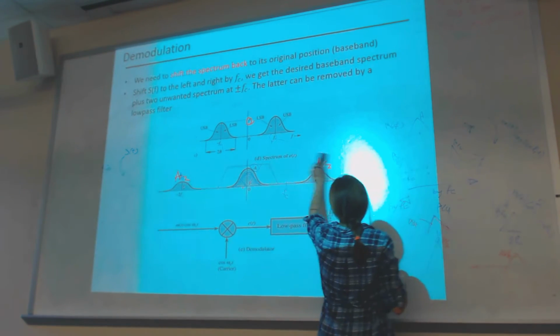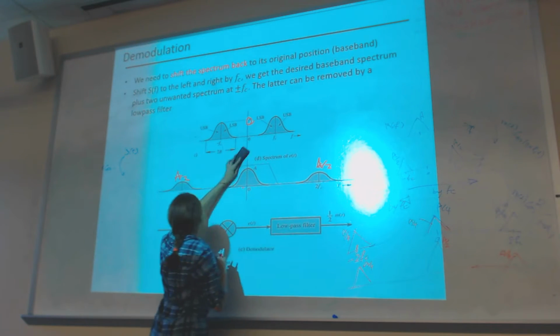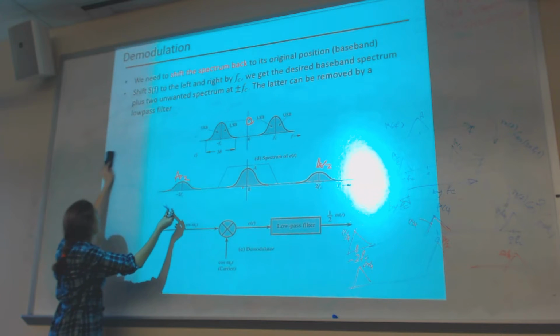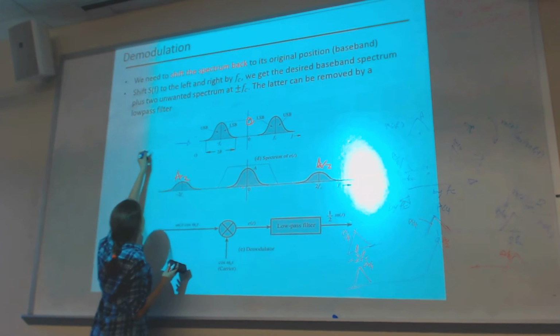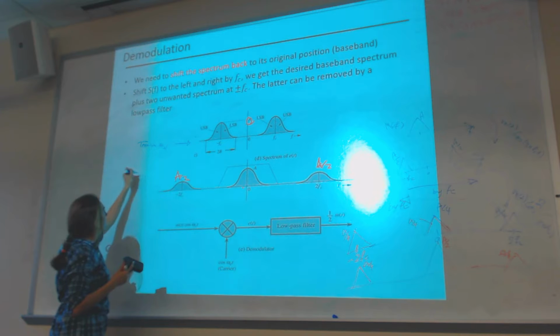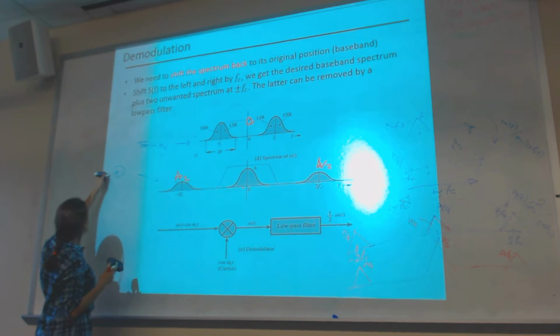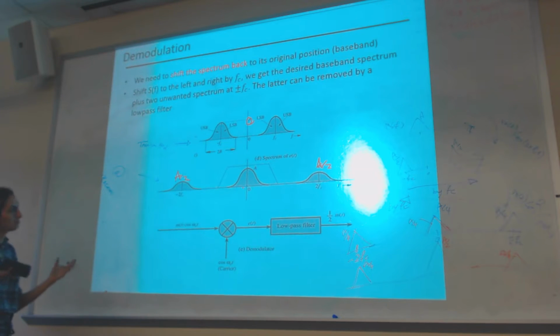So what should I do now? This is at the receiver. This was the high frequency transmitter, and this is the receiver. Let's say your cell phone.